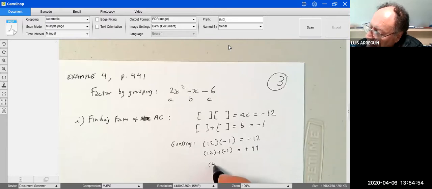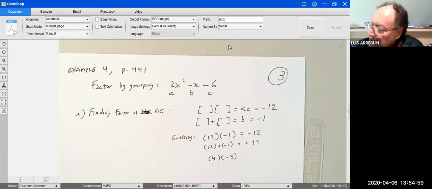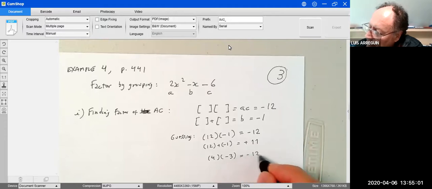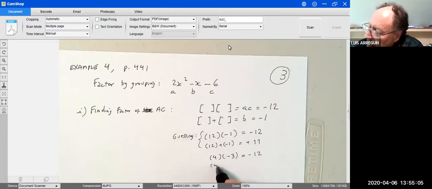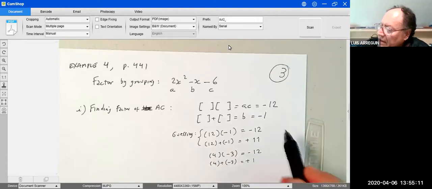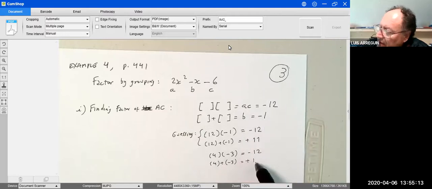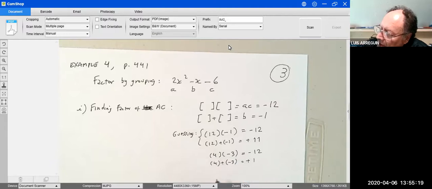Let's try 4 and -3. 4 and -3, you're gonna get -12. This is my second choice. And 4 plus -3, I get +1. So I'm pretty close. I need -1. So when I get the sum with the opposite sign, the only thing I need to do is reverse the signs of my factors.